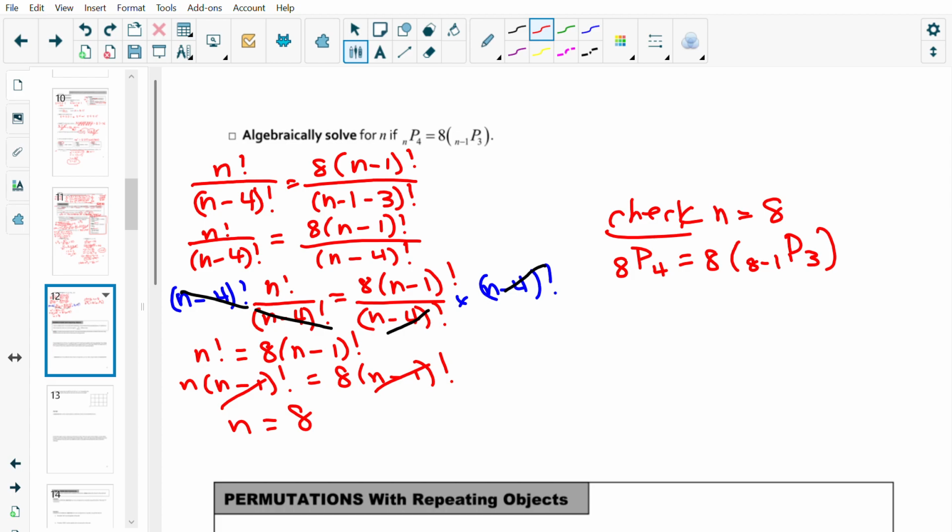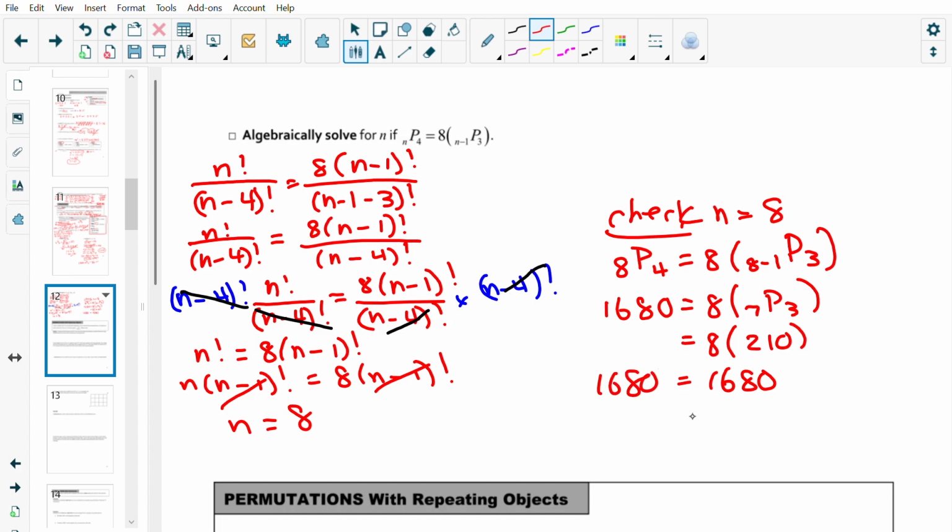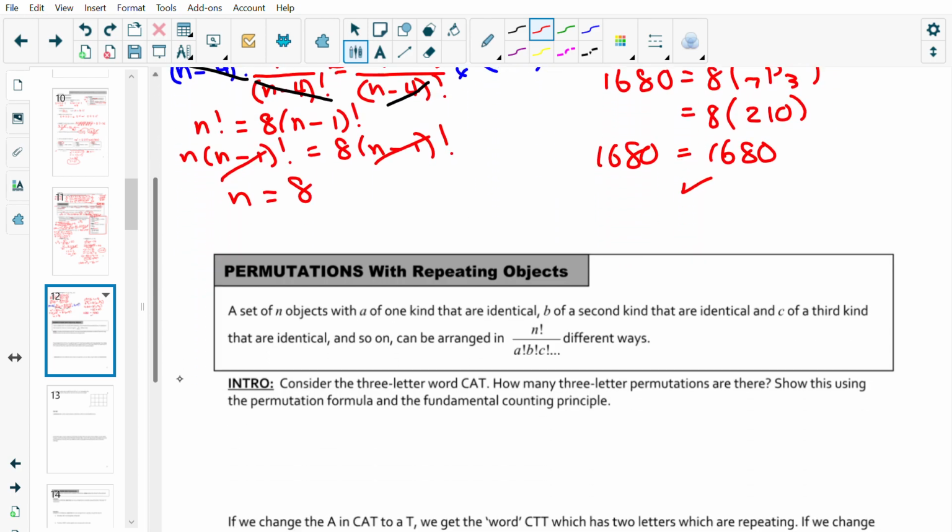The permutation of 8 things taken 4 at a time equals 1,680. Let's do the permutation of 7 things taken 3 at a time. That's 210. 8 times 210. That's 1680. Check.